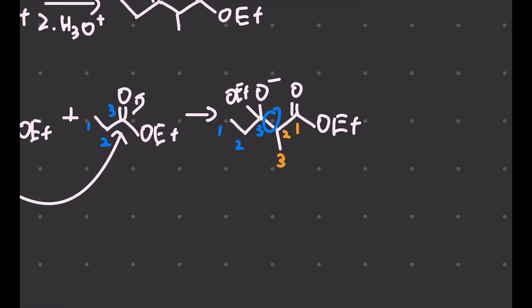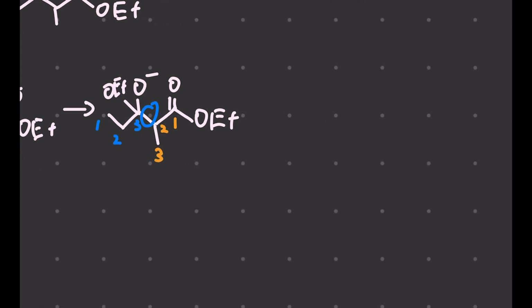So, in the next step of this reaction, the tetrahedral carbonyl addition compound is going to break down, and it's going to kick out the ethoxide ion.